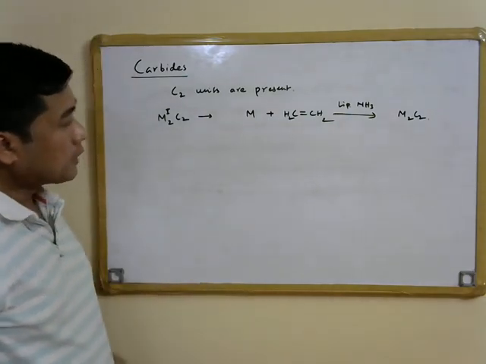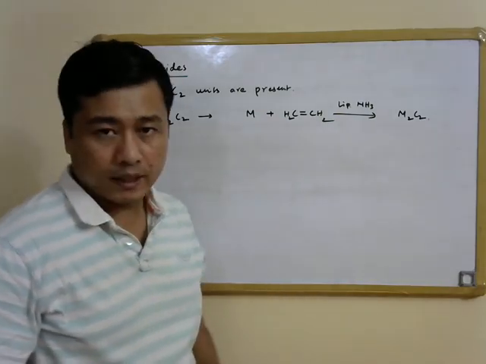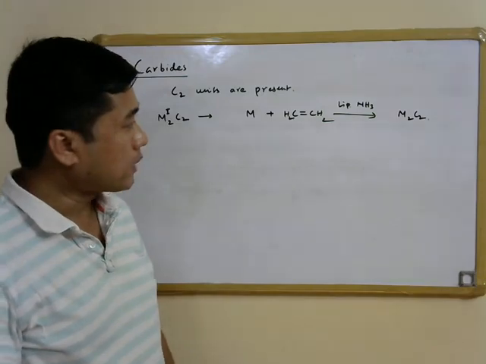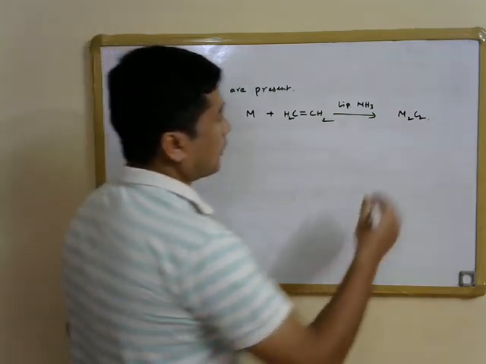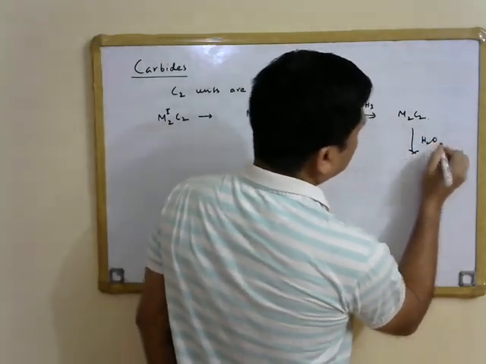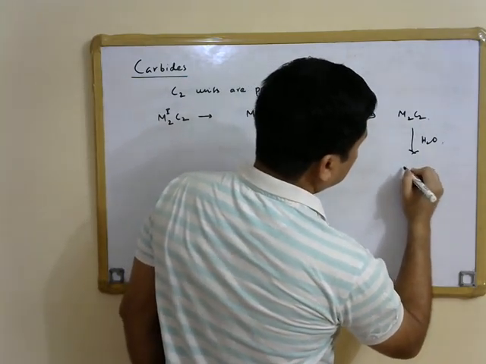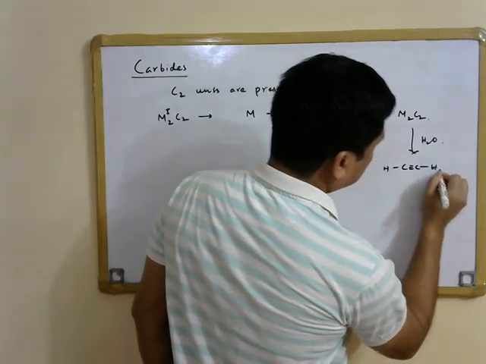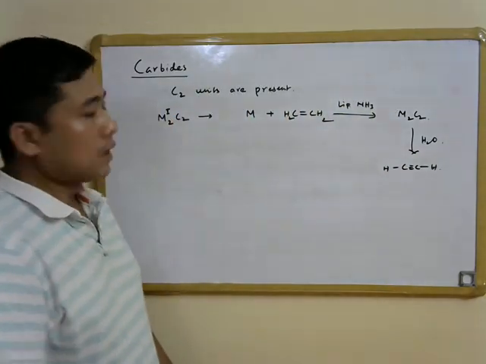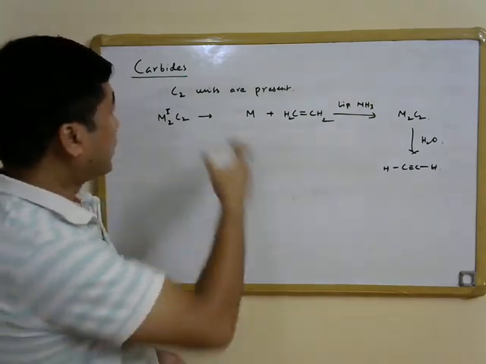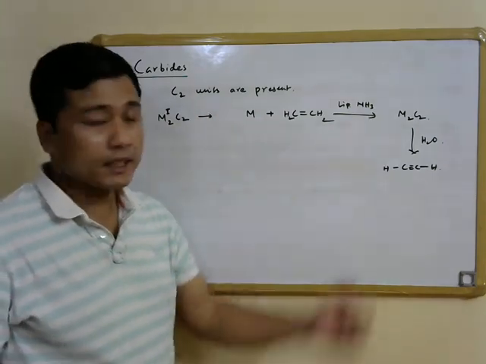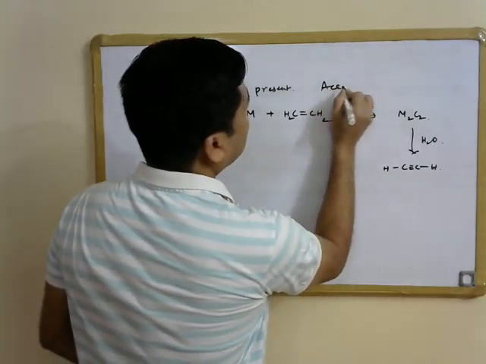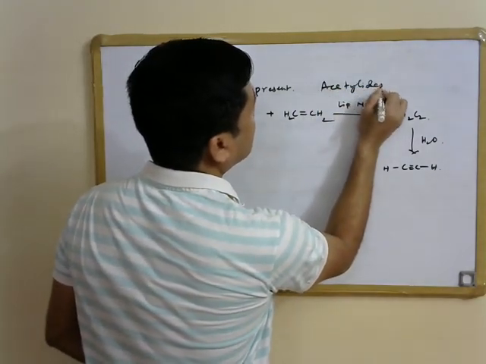These carbides also undergo hydrolysis rapidly when they come in contact with water, and the product is acetylene. That is why these carbides which contain C2 units, because they yield acetylene upon hydrolysis, are also called acetylides.